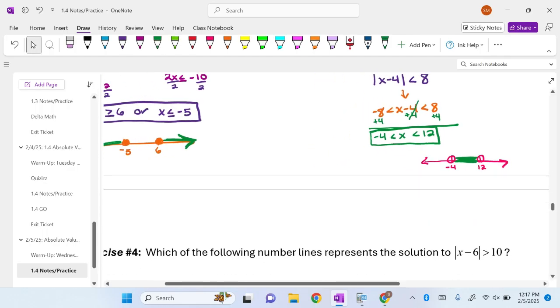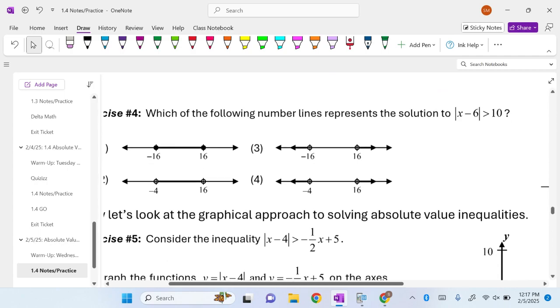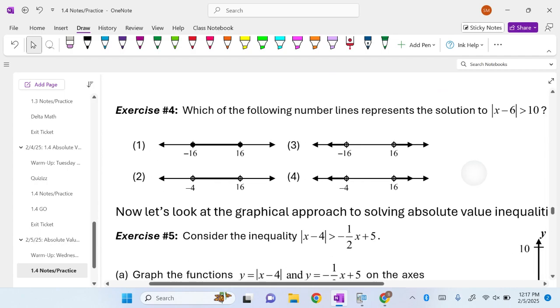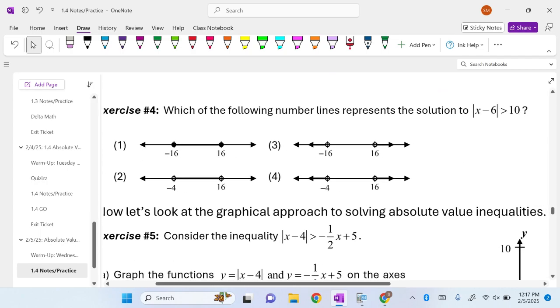All right, we're almost done, but now we get to some complicated ones. Take a minute, solve exercise 4 on your own, and circle the correct graph representation.